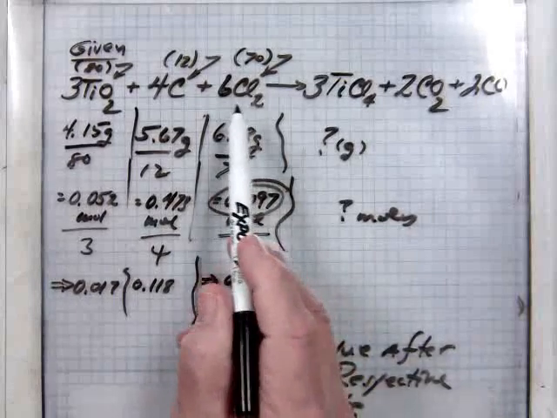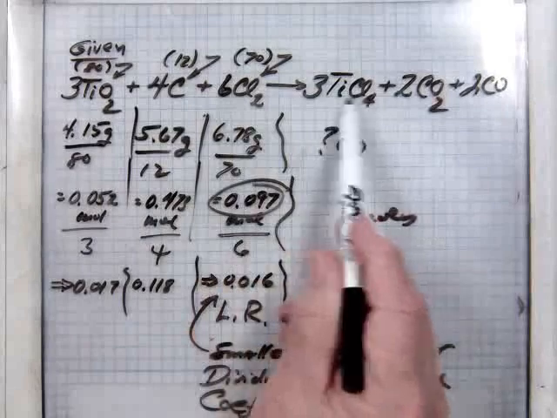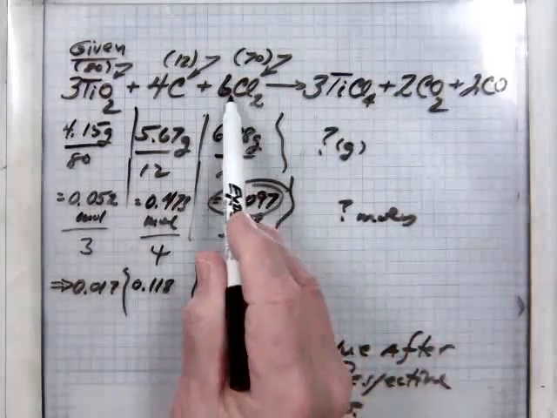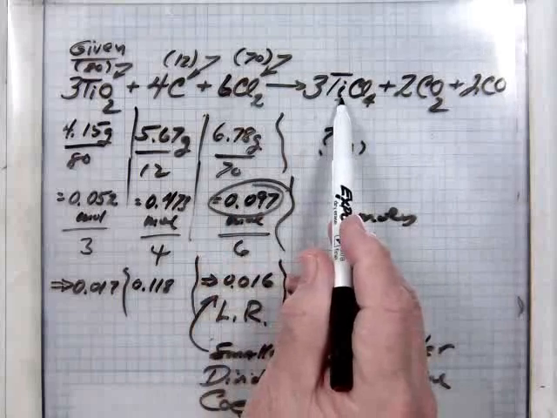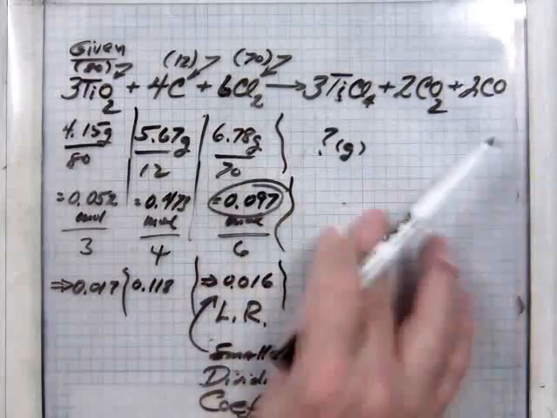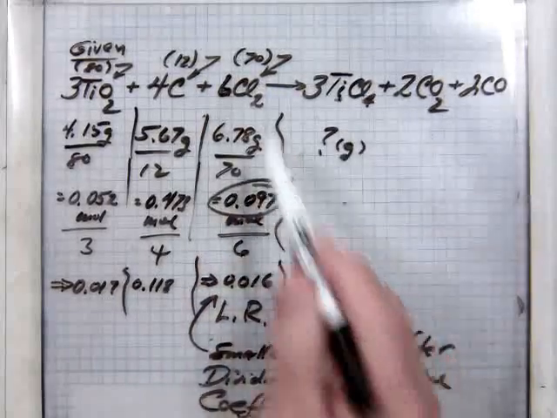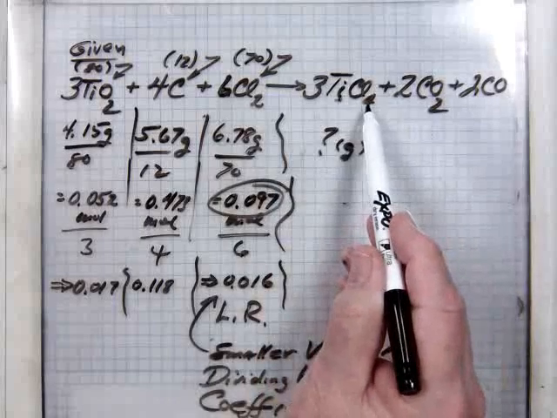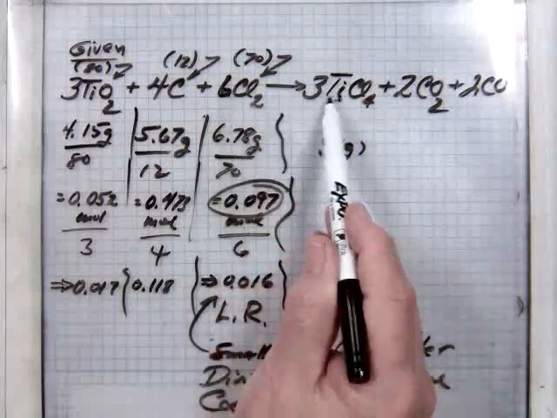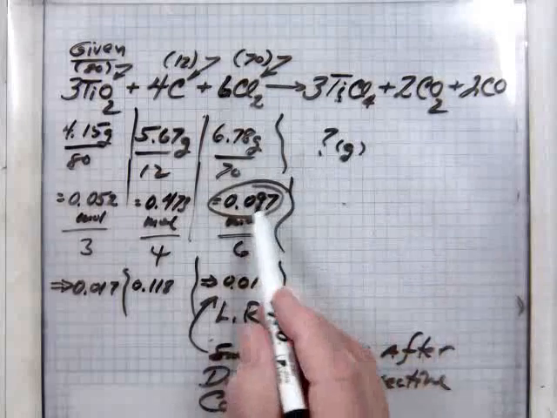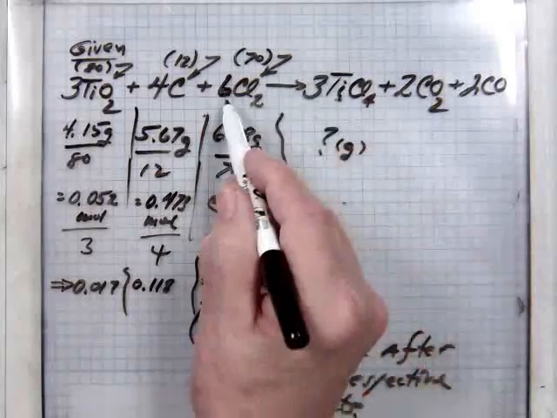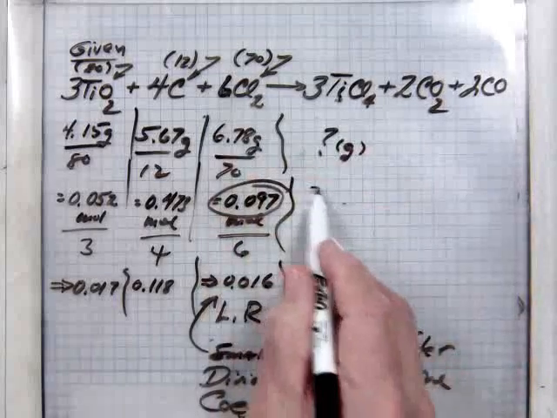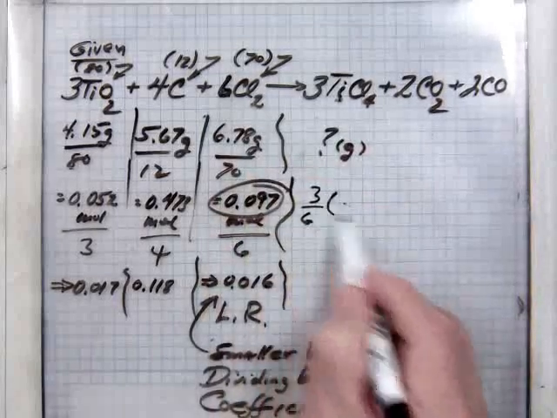So we're talking about titanium chloride on the yield side. So we see it's 6 to 3. So it's a smaller number by half. And so the moles of titanium tetrachloride, if it is 6 to 3 in the equation, would be half of this number, or 3/6. Of course, that would give you a half. 3 out of 6 will make a smaller number.